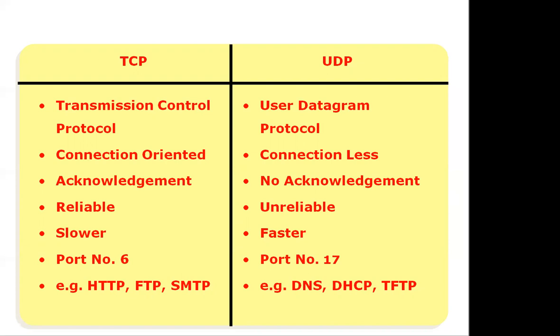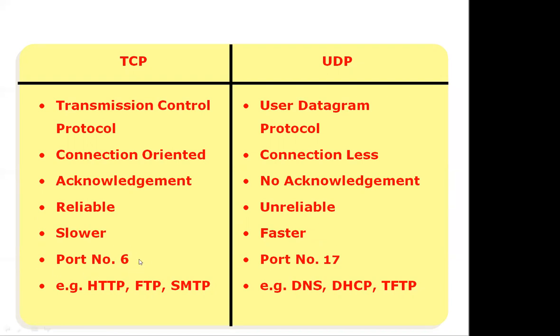There is no acknowledgement in UDP. So TCP is a reliable protocol, but UDP is unreliable. In TCP, it checks the path and waits for acknowledgement, so it is a slower protocol, but UDP directly sends the data, so it is a very fast protocol.